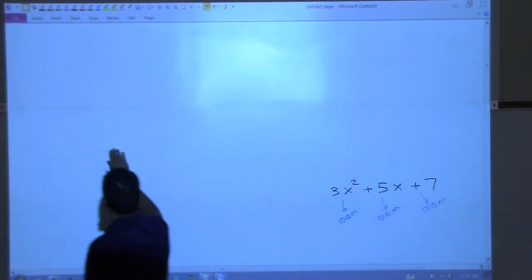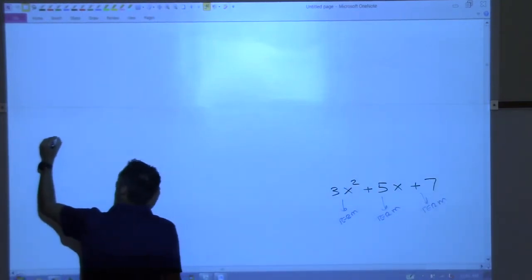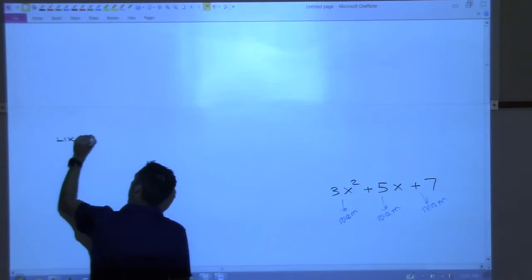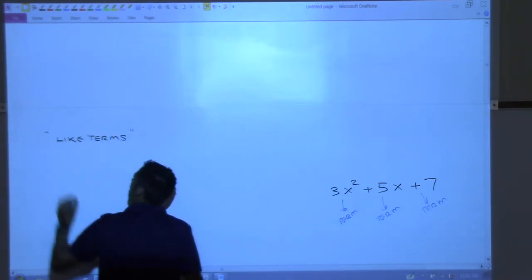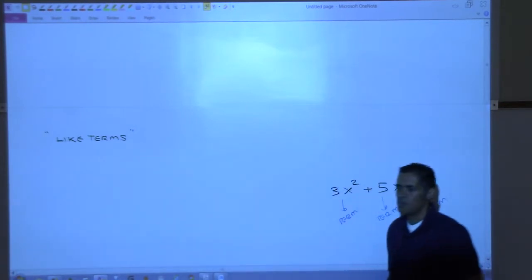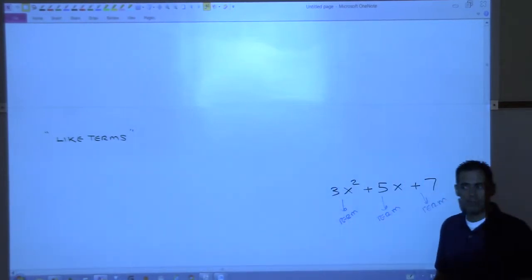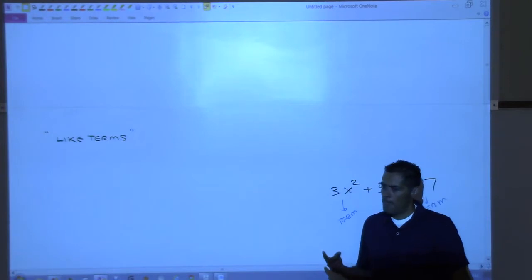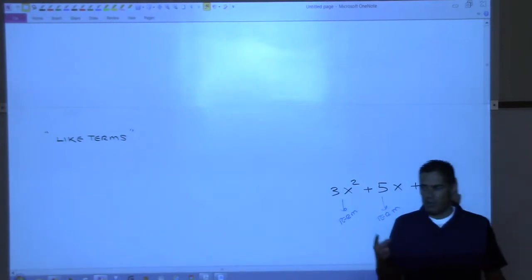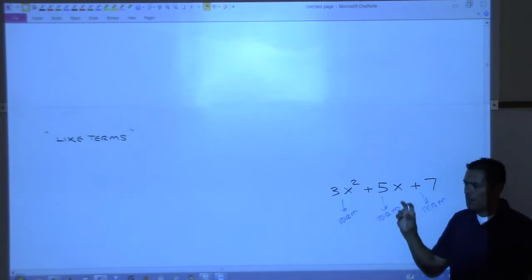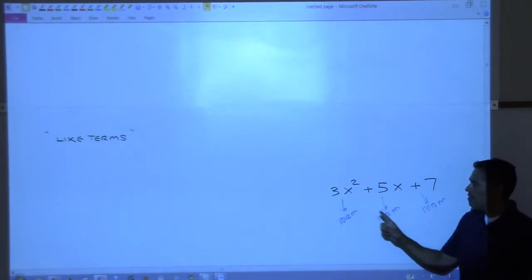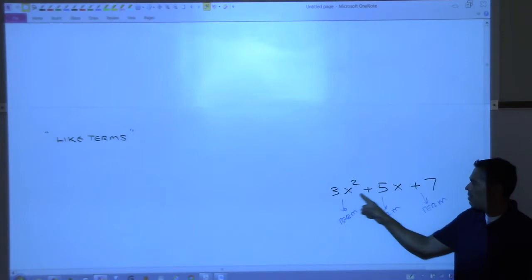So what are like terms? This is some language. What does it mean to say that 2 terms are like terms? Okay, so to look at 2 terms and say that they are like, all you have to have is the same variable. So look at these 2. They both have x, right?